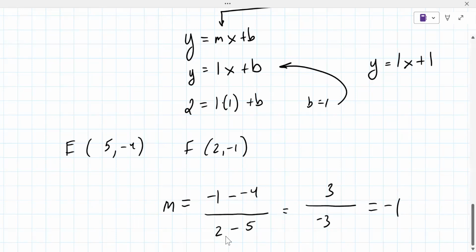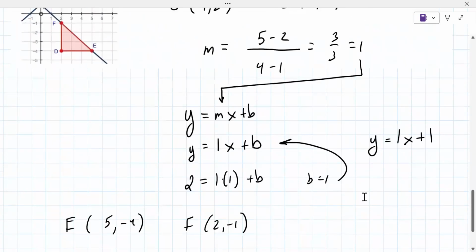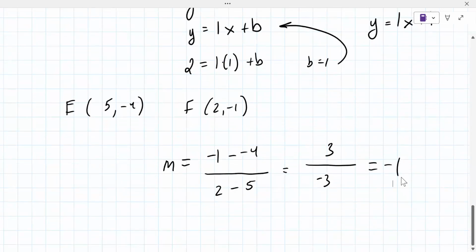Now, the reason we did all that is that we were trying to show that they're perpendicular. The slope of CB is 1. The slope of EF is -1. Those are definitely perpendicular. But you already know that they're perpendicular.